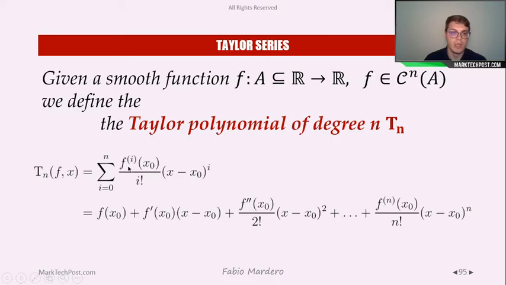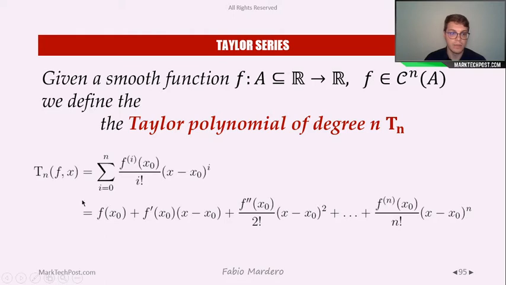We take the sum, with i equal to 0 to n, of the ith derivative of f with respect to x0 over the factorial of i, multiplied by x minus x0 to the power of i.